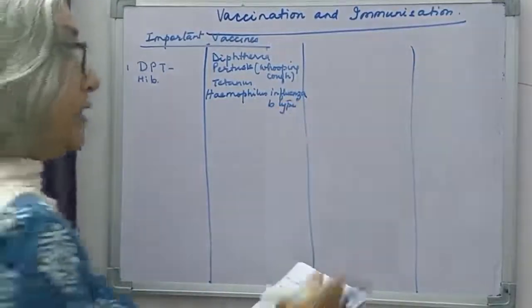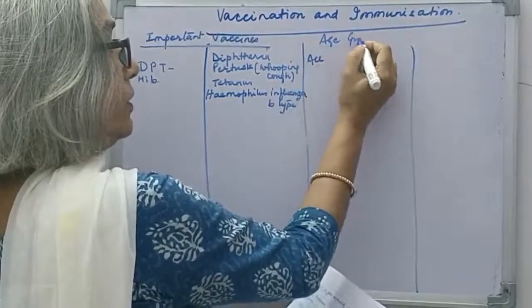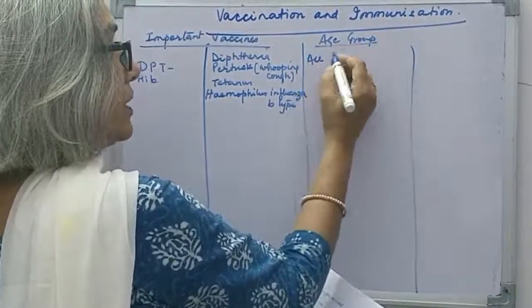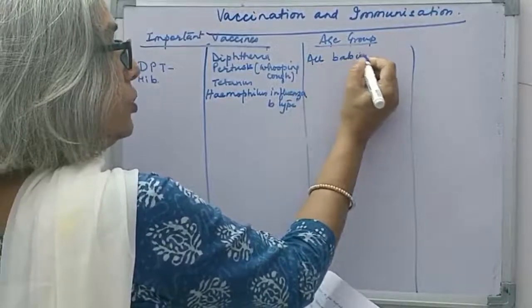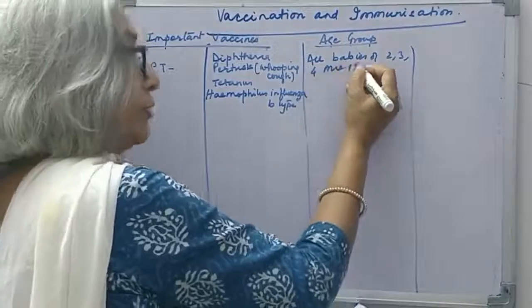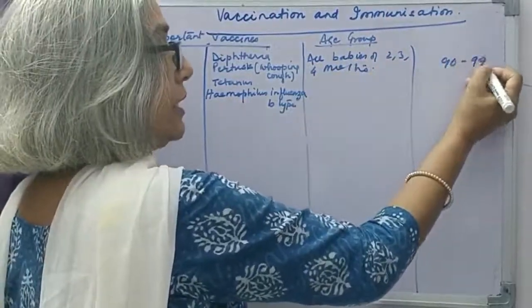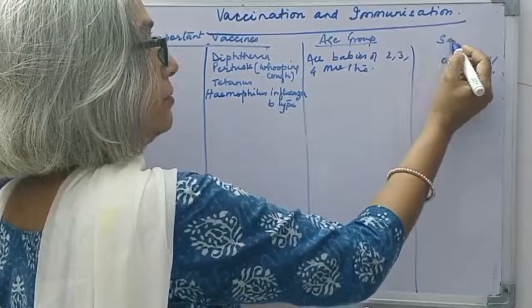This vaccine is given to all babies. We are talking of the age group in which this vaccine is given, all babies of 2, 3, 4 months of age. And the safety of this vaccine is 90 to 99%.